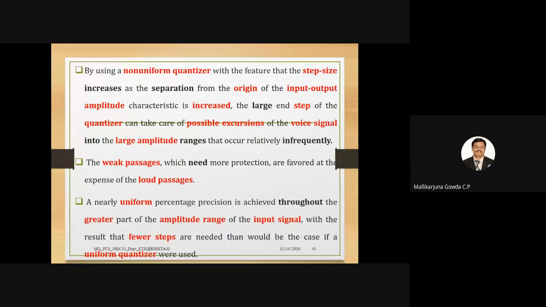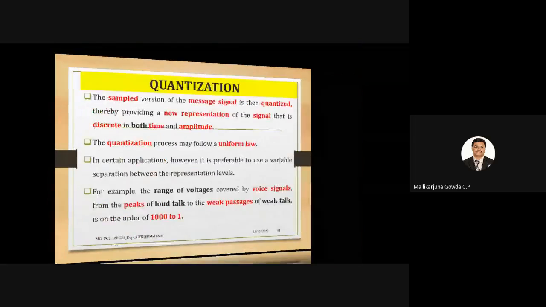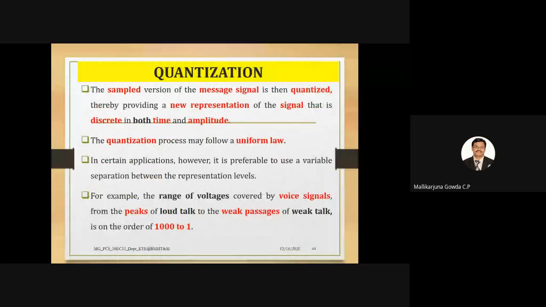So I am talking about non-uniform quantization now. In the previous class, we discussed uniform quantization, in which we covered the mid-tread type and mid-rise type. So I said the purpose of non-uniform quantization. For a voice signal, the range of voltages will be varying, depending upon the peaks of the loud talk to the weak passages of the weak talk, right?